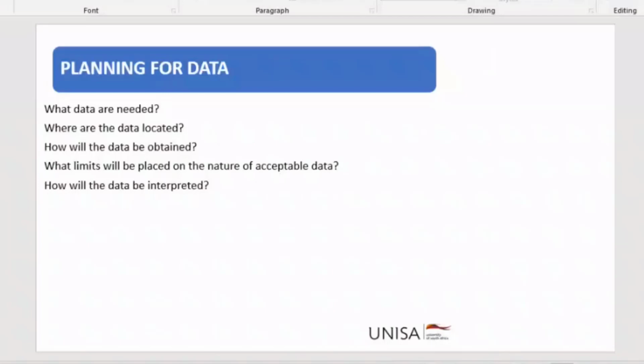So the methodology that you choose for a particular research problem must take into account the nature of the data that you're going to collect in the resolution of the problem. So you need to look at what the methodology is and how this methodology aligns to the data that I require to solve this problem. There are different sources of data that we can go to town about.